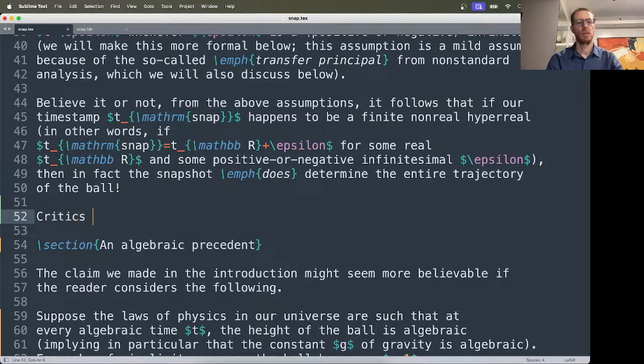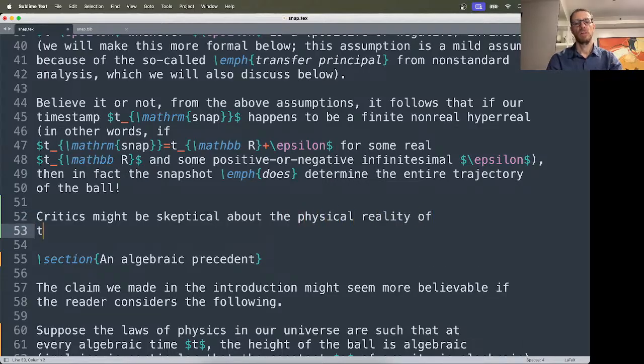We could say, critics might be skeptical about the physical reality of times of the form t plus epsilon. Uh-oh. The physical reality of times with infinitesimal components.